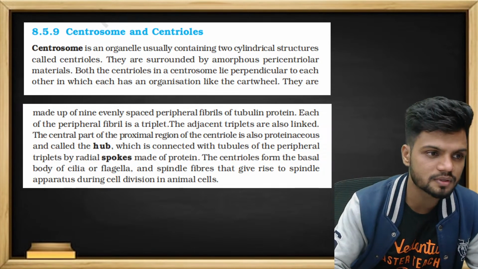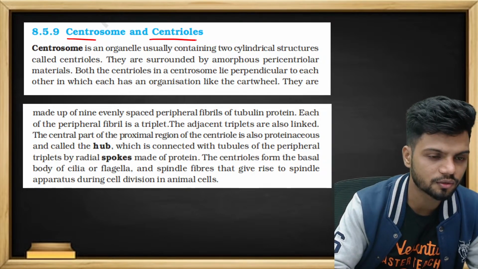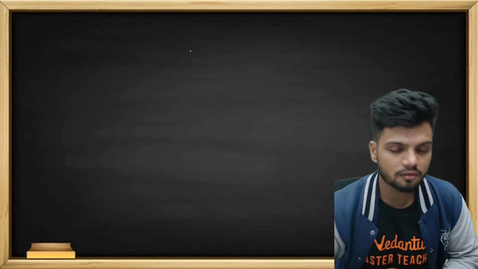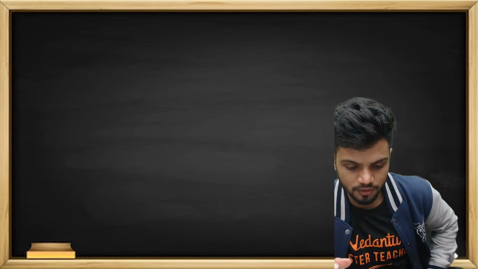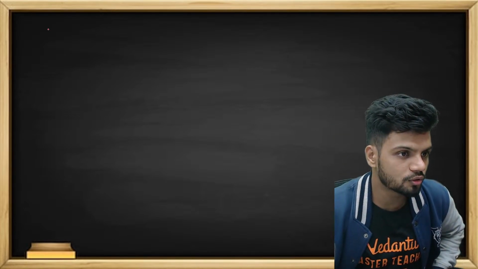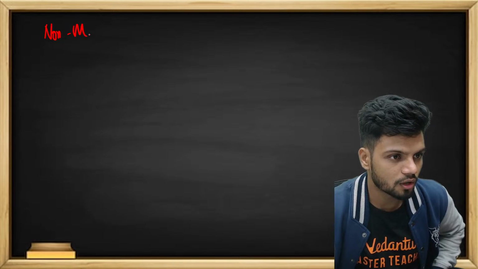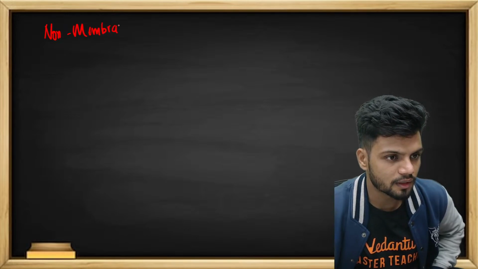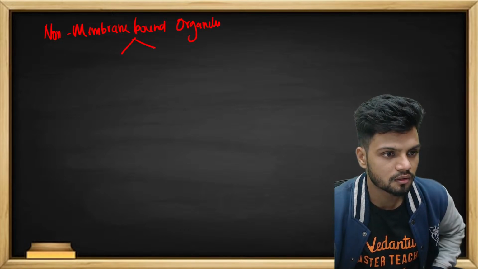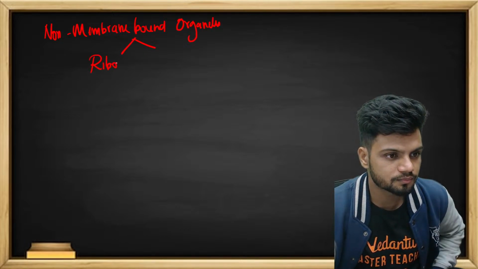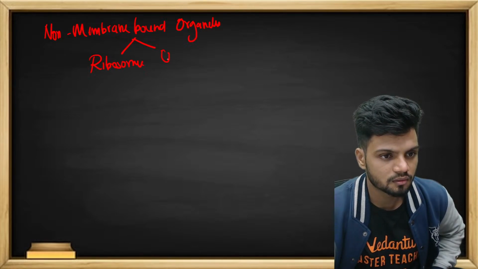Now we will do centrosome and centriole. Understand, students? I think I told you before, when I was teaching you about non-membrane bound organelles, I told you ribosomes and centrosome.